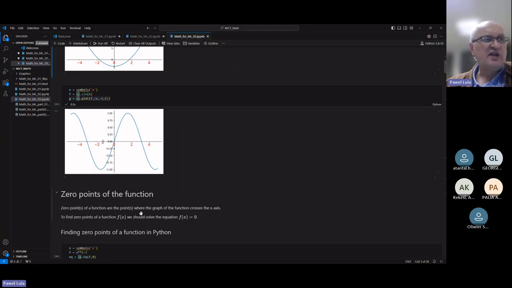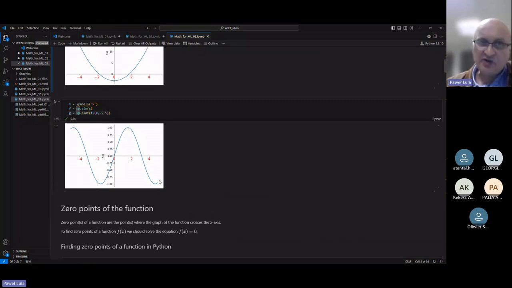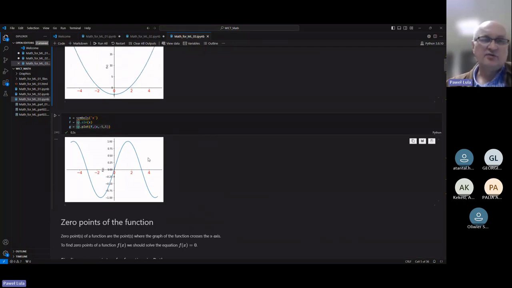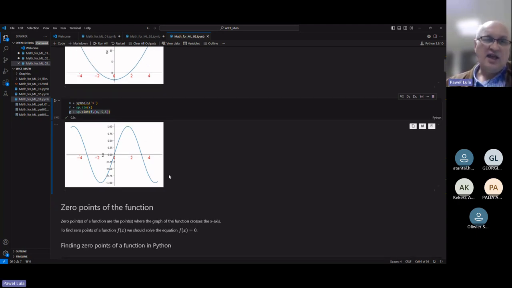Zero points of a function are points where the graph of the function crosses the x-axis. Or zero points of a function are points for which the value of this function is equal to 0. So the y value corresponding to these x values is equal to 0. So the interpretation is very, very easy. We know how to interpret zero points.